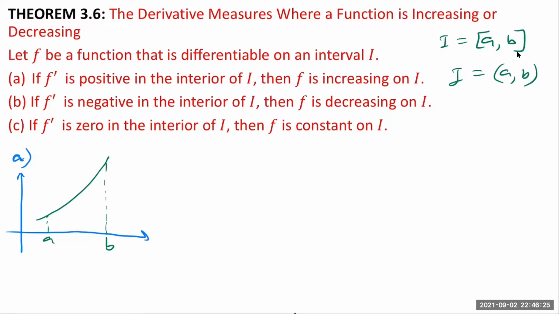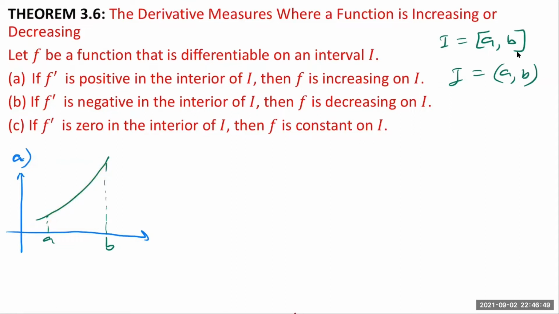So if you want your f prime to be positive in the interior of this interval I, then your graph has to look like this. If your graph looks like this, as you can see, doesn't matter where you draw your tangent to your graph, the slope of that tangent is positive. Everywhere on this graph, the slope of the tangent is positive. That means your f prime is positive.